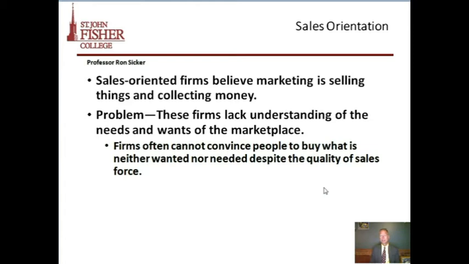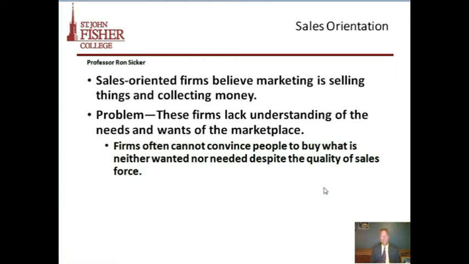Those sales-oriented companies are the ones that have a lot of telemarketing and a lot of sales. They're trying to drive sales as best they can by using sales techniques. They don't use a lot of marketing. They don't use a lot of customer service. They don't look at trying to satisfy customer needs. What they try to do is ask as many people as they can if they want to buy it.